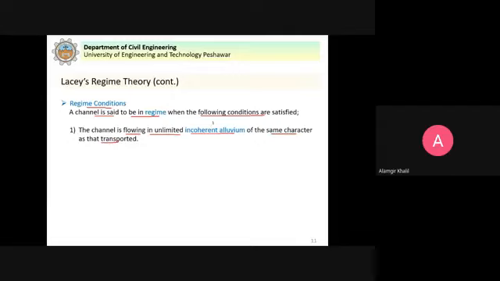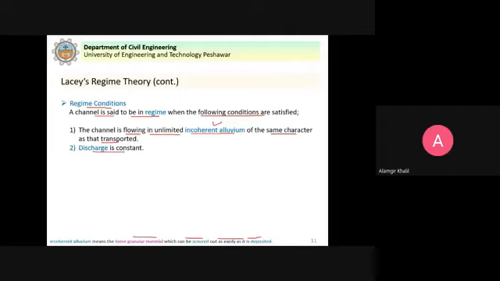What do we mean by incoherent alluvium? Incoherent alluvium is loose granular material which can be scoured out as easily as it is deposited or transported.